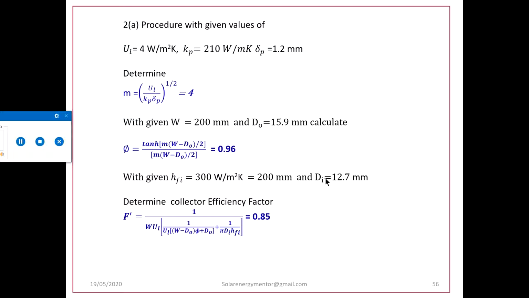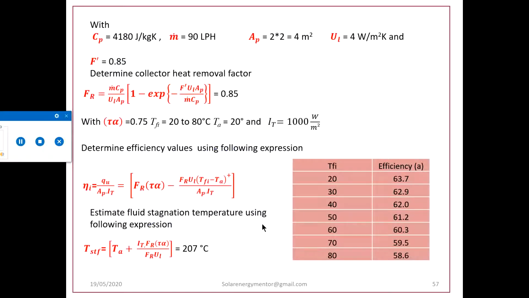And then with all these data given, F dash comes out to be 0.85. The collector heat removal factor is 0.85. And then with tau alpha, TFI, we can determine the efficiency values because everything is known here.